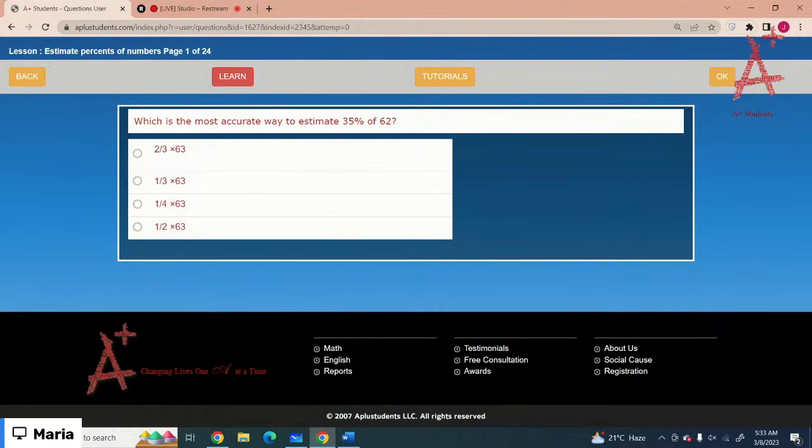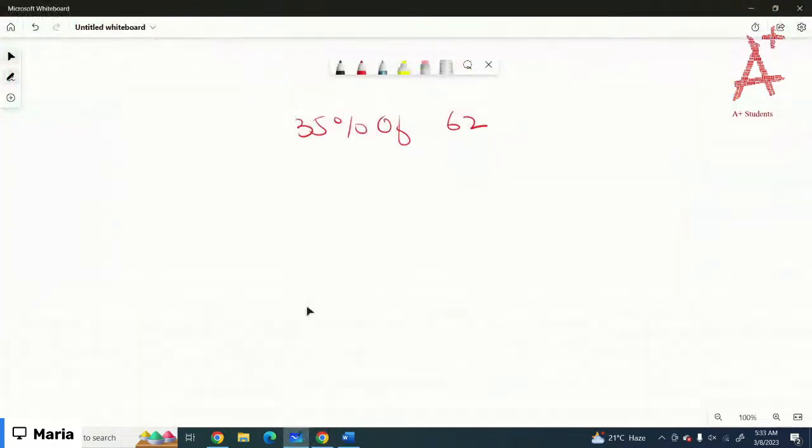Okay, so to calculate the estimated answer of 35% of 62, you can calculate 1/3 of 63, because 62 can be rounded off to 63, and 35% is about 1/3 of 100. Let me just explain how. 35% is 35 over 100, and 5 times 7 is 35, and 5 times 20 is 100, so it is 7 over 20.